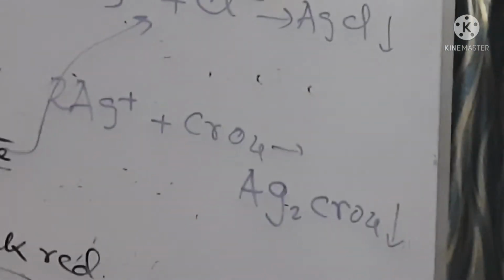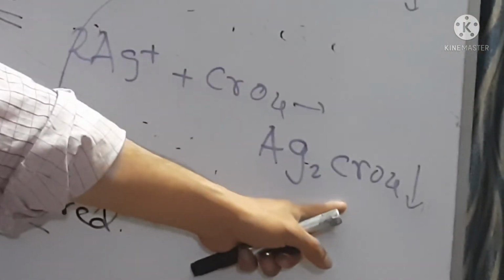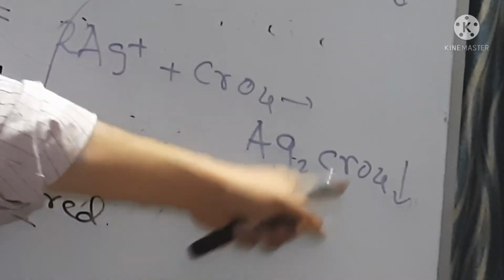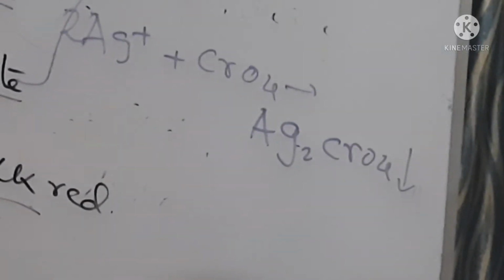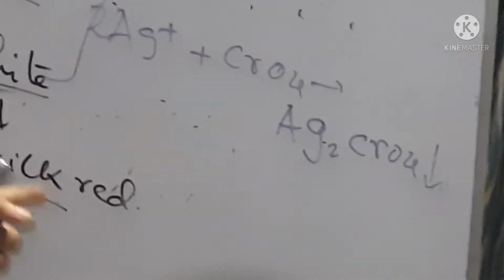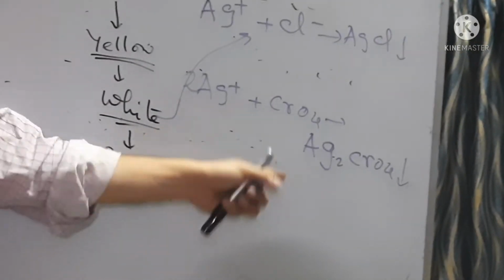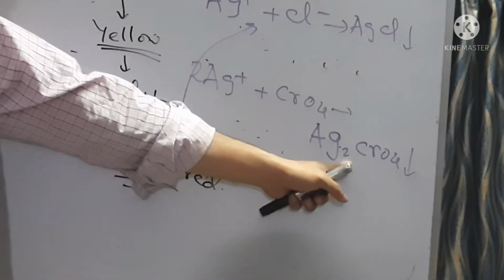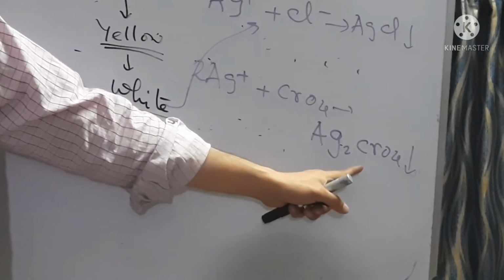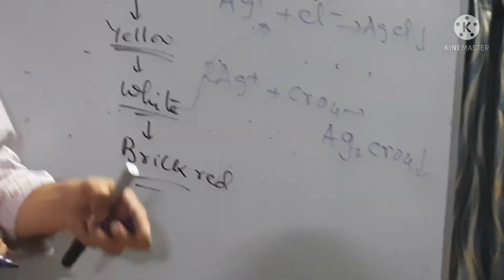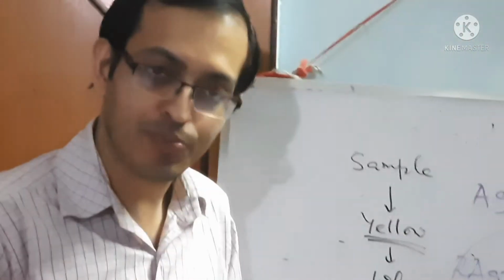Okay, and this silver chromate is basically brick red in color. That's why the end point is brick red in color, due to formation of this compound silver chromate, right? So this is the chemistry behind this experiment.